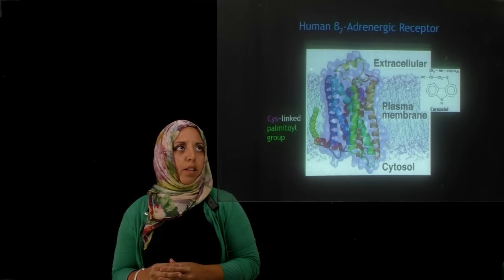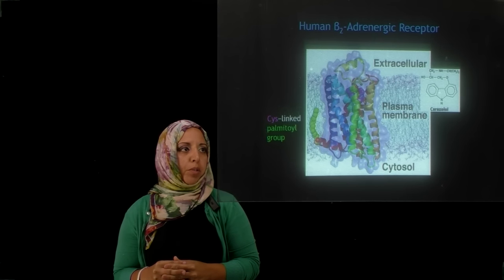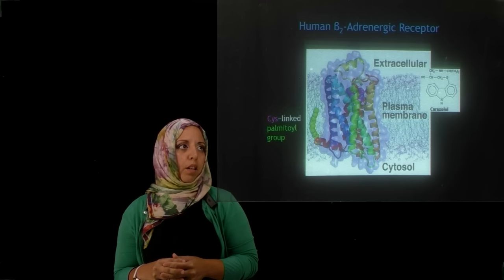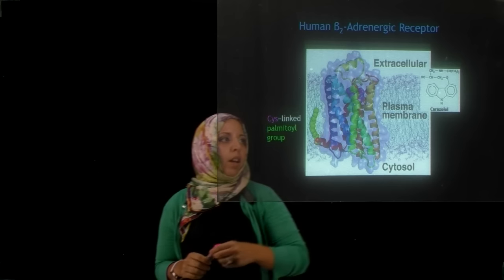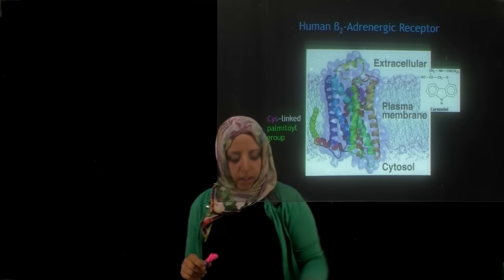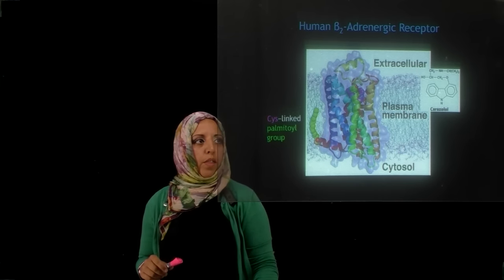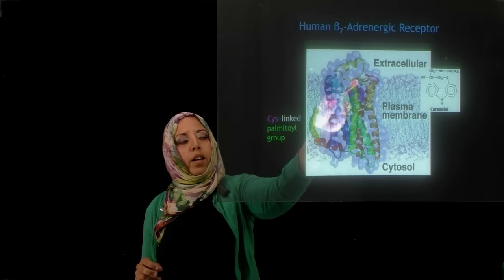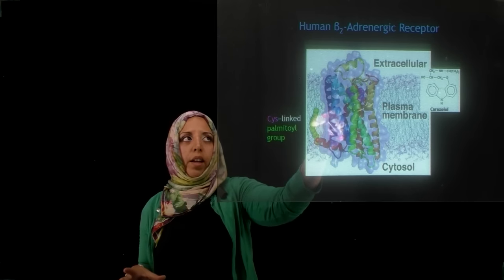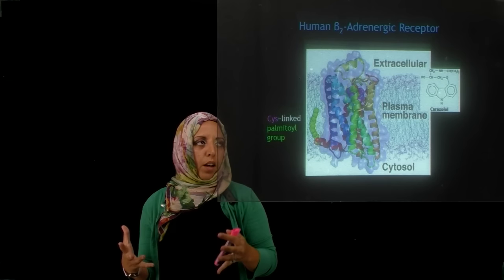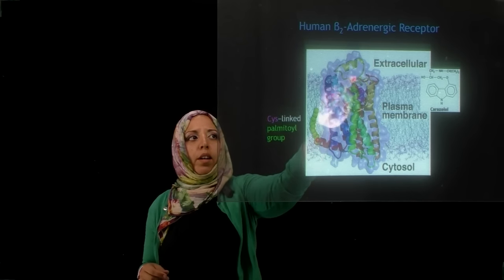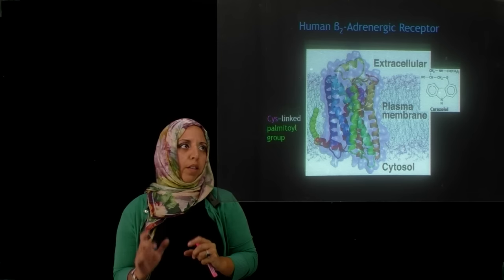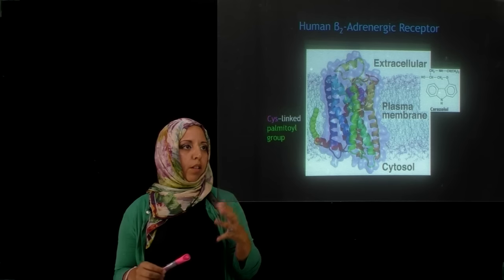One example is the human beta adrenergic receptor, and it is shown bound to carazolol in lieu of epinephrine. The ligand binding site is within the membrane itself. It is nearby the alpha helices that make up the receptor, but part of it is also interacting with the portion of the protein that is exposed to the extracellular surface.